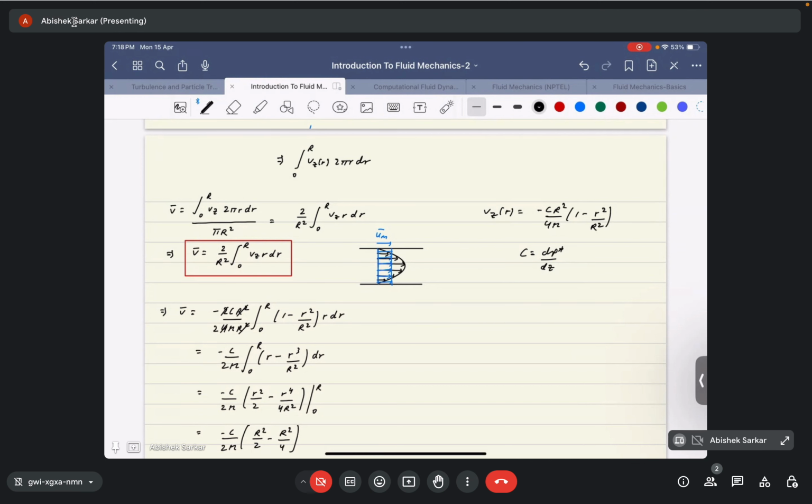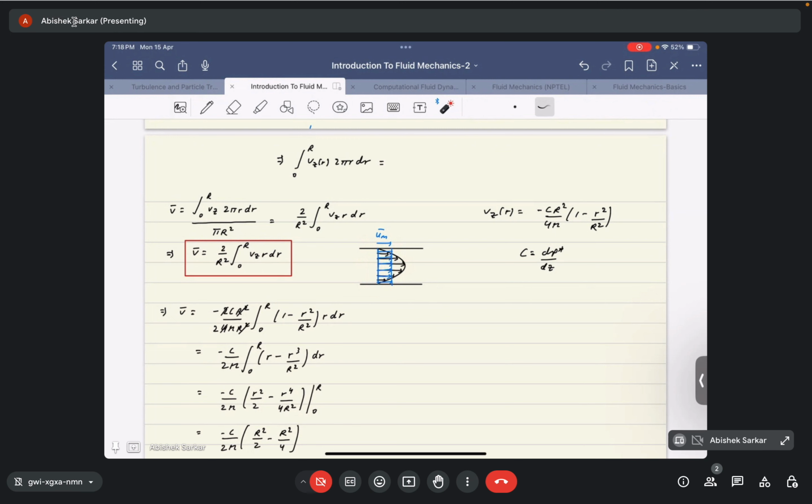Now let us say that I am trying to consider this volume flow rate to be equal to the area of the pipe times a constant value of velocity. Say I am trying to equate it to the product of the area of cross section of this pipe and a constant value of velocity, which is not equal to, say, the maximum velocity, but a value somewhere in between, 0 to the maximum velocity.